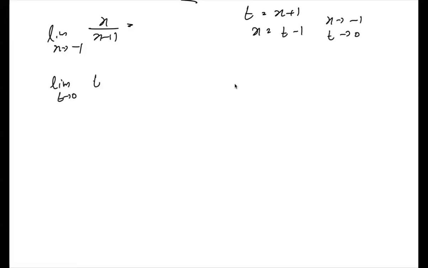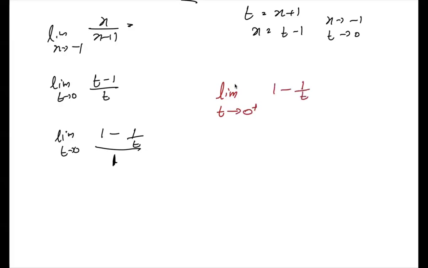You can write this as t minus 1 over t, right? So then you can multiply both sides by t. This is the simplest way that you can do it. 1 over 1 minus t over 1, right? So then you know, from the limit as t goes to 0, right-hand side limit, 1 over 1 over t over 1.